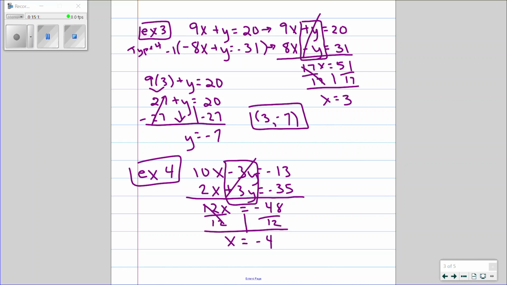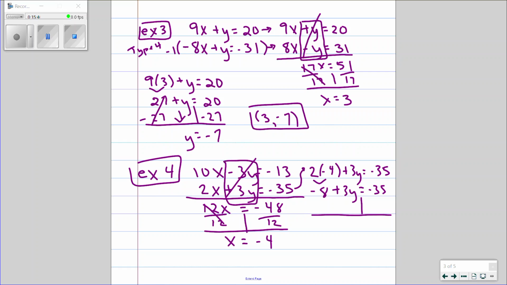So now I take that negative 4 and plug it into either of those equations. I take the second equation. It'll be 2 times negative 4 plus 3y equals negative 35. 2 times negative 4 is negative 8.